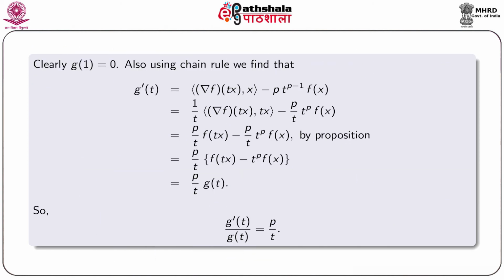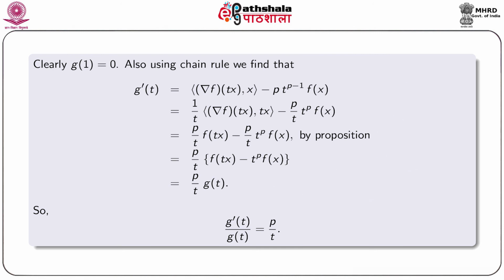Clearly, g(1) is 0. Using the chain rule, we find that g'(t) is nothing but the inner product of grad f(t x) and x, minus p times t to the power p minus 1 f(x). On simplification, we find that it is nothing but p by t times g(t).